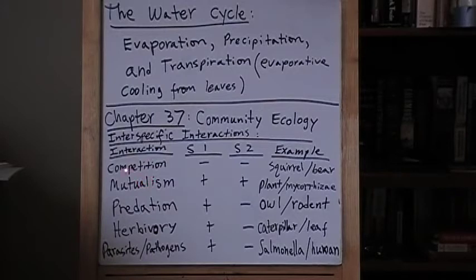And then mutualism is where the two species help each other. So an example of that would be plants and the mycorrhizae. These are the root fungi that are helped by the plant, and in turn they help the plant assimilate nutrients.